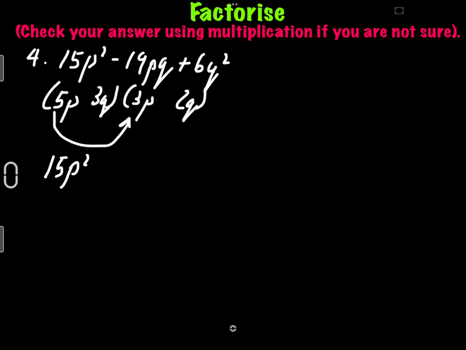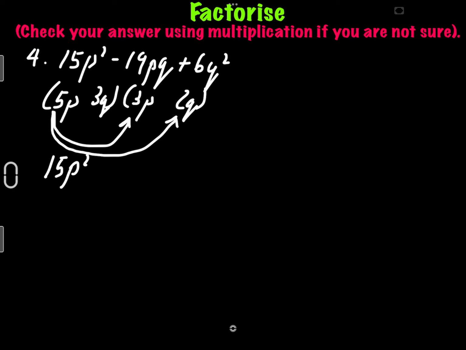That's our first term in our parentheses. And then our second application is to look at our outer terms in our parentheses. So we have 5p and 2q.